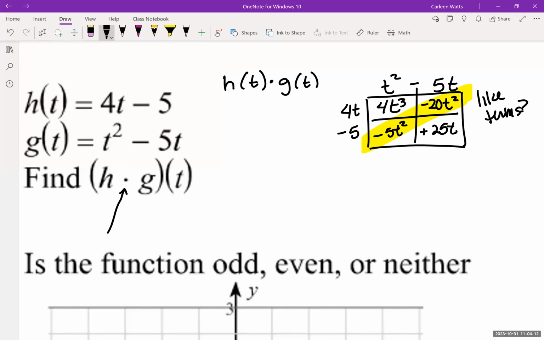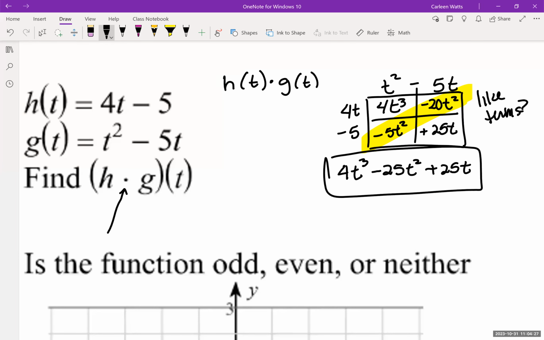Okay, so 4t cubed minus 25. When I add those, notice my exponent does not change. And there's my answer. I added my like terms.